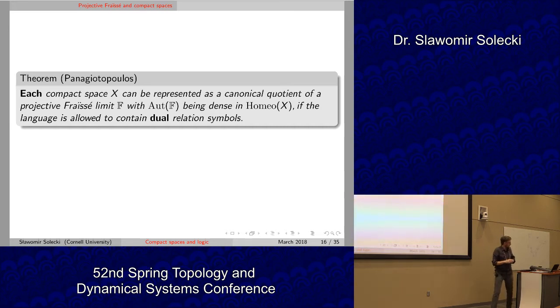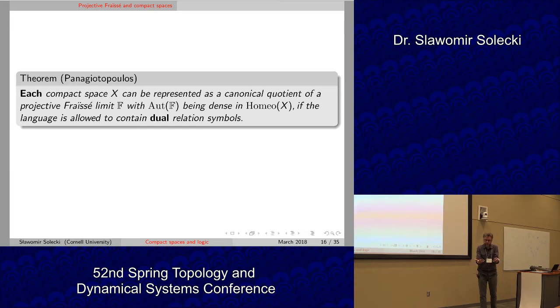So here one has to dualize it. One has to ask what is the dual of a tuple. A tuple is a function from a finite set to your structure. So if you dualize, you have to reverse the arrow. So a dual tuple will be a function from your structure to a finite set. Your structure is topological, so it has to be a continuous tuple.